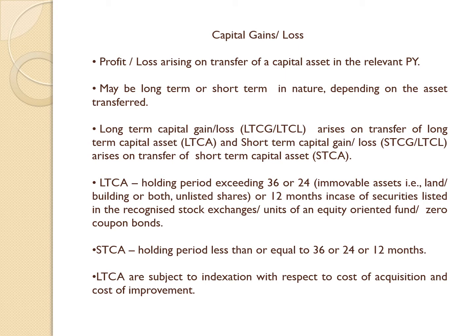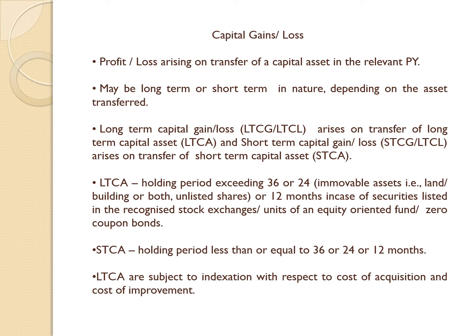Long-term capital asset is an asset whose holding period exceeds 36 months, or 24 months in case of immovable assets, or 12 months in case of securities listed in the stock exchanges.